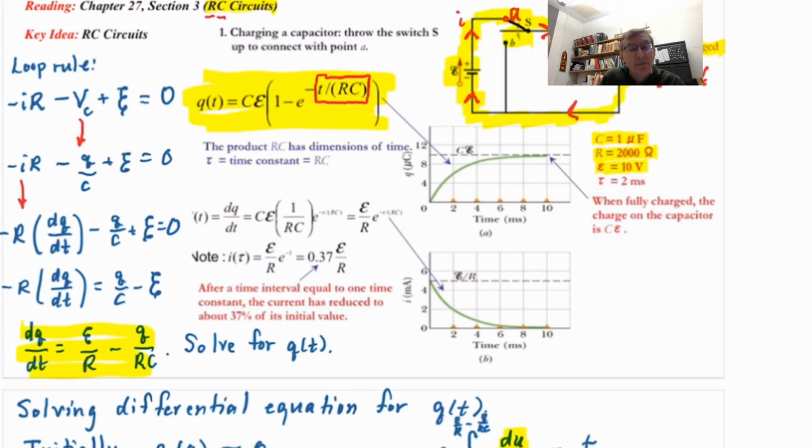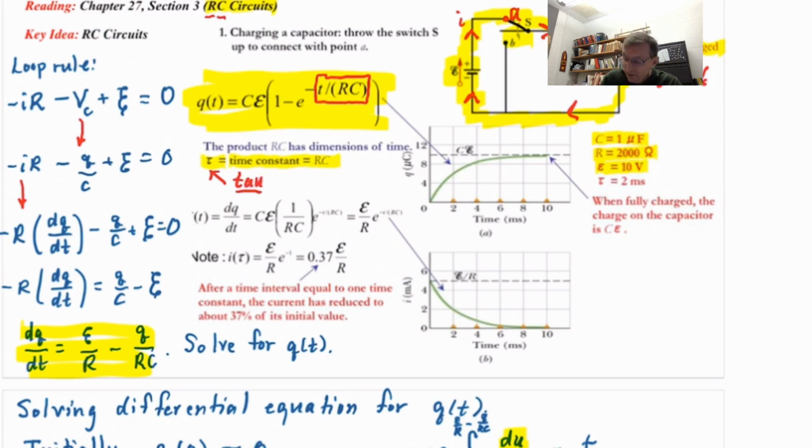That means the combination of R times C, resistance times capacitance, must have the dimensions of time, and in SI, units of seconds. And so that combination R times C is called the time constant of the circuit. And there's a special symbol for that time constant. It's the Greek lowercase letter tau, not a t, tau.